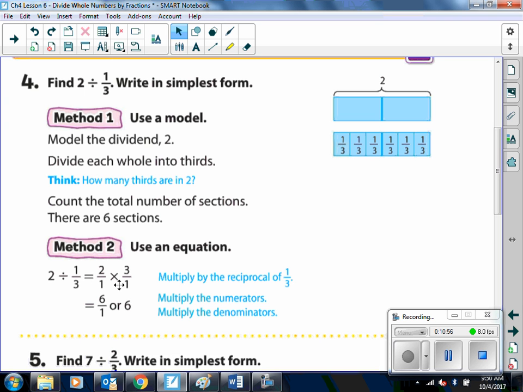The division becomes multiplication, and the 1/3 becomes the reciprocal, 3 over 1. So we're just going to multiply by the reciprocal. Did everybody see how I was pointing to that? Multiply by the reciprocal. So 2 over 1 times 3 over 1 is equal to 6. We get the same answer as we got in method 1.